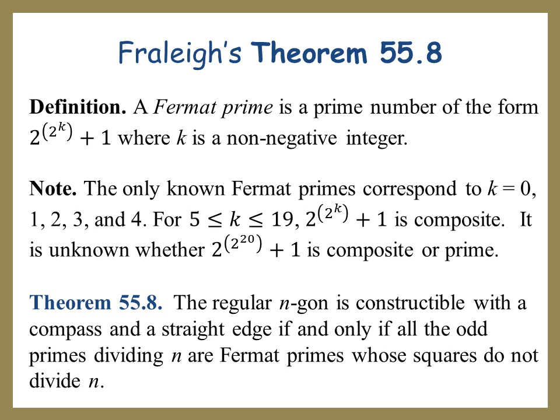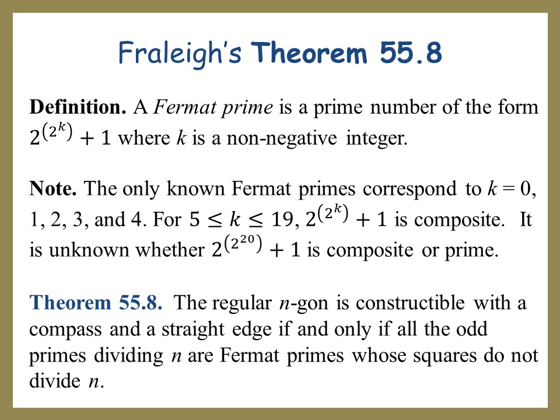Theorem 55.8 of Fraleigh states, the regular n-gon is constructible with a compass and a straightedge if and only if all the odd primes dividing n are Fermat primes whose squares do not divide n.